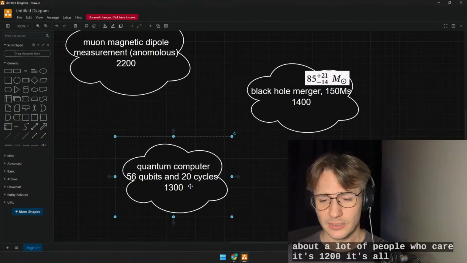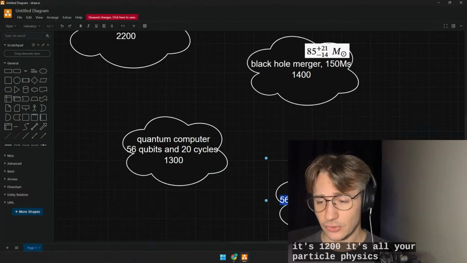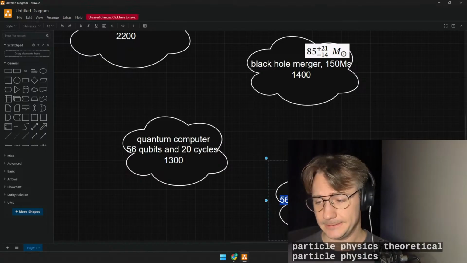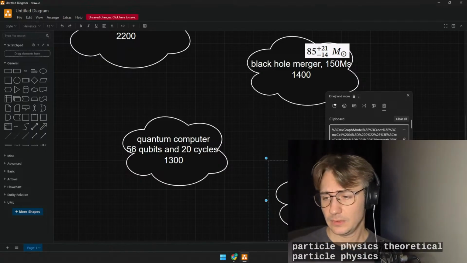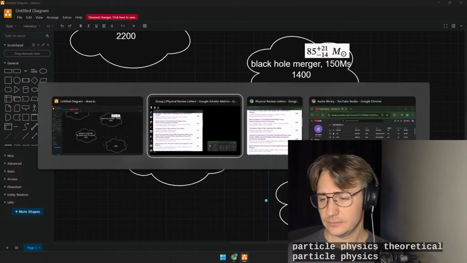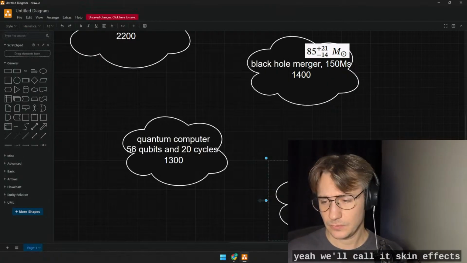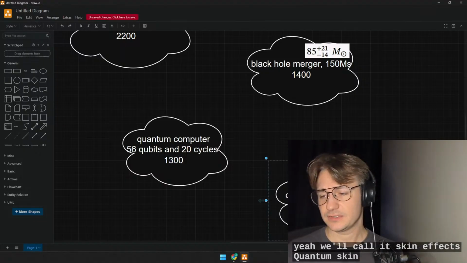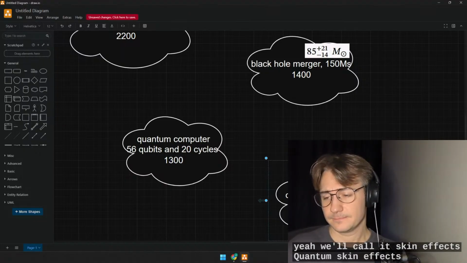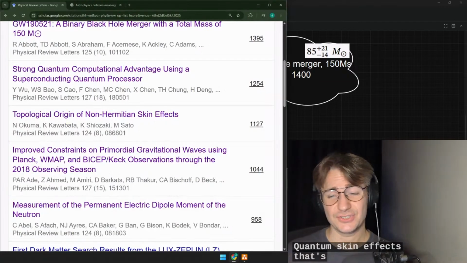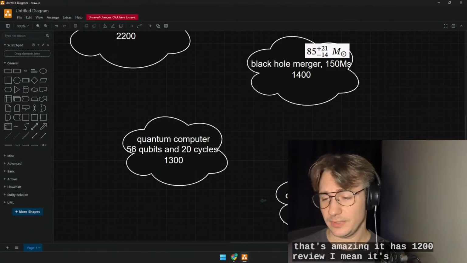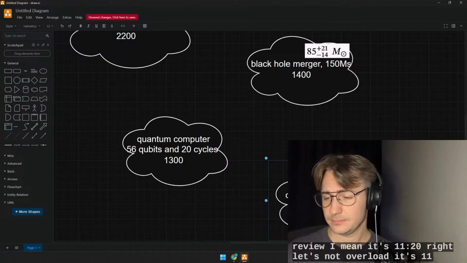It's all your particle physics, theoretical particle physics. Yeah, we'll call it skin effects. Quantum skin effects. That's amazing it has 1,200. I mean, it's 1120, right? Let's not overblow it. It's 1,100.